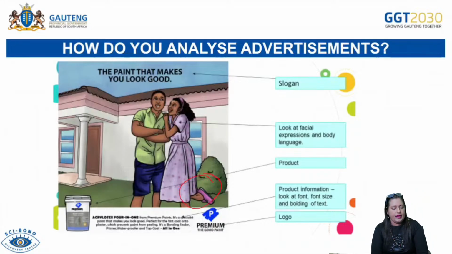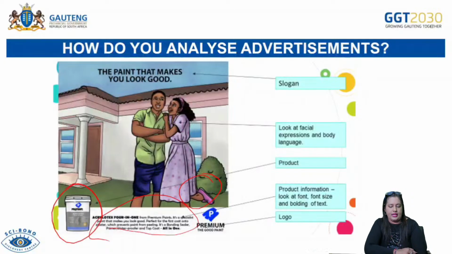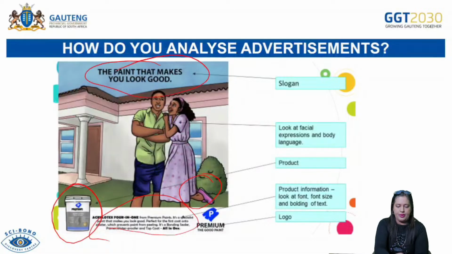All right. Then, if you're looking at the bottom here, we've got the product that has been showcased, and then you've got the text that is important there. All right. So, these words here, the paint that makes you look good, is your slogan, your catchy phrase, right?